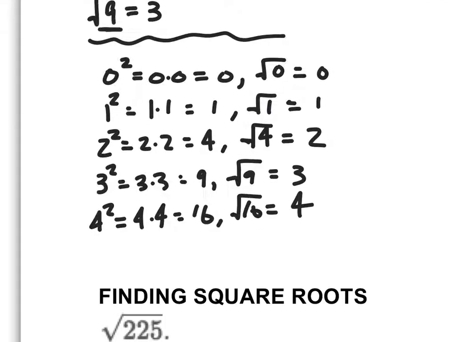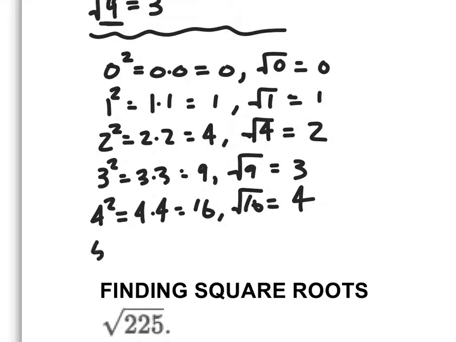5 squared is 5 times 5, which gives me 25, so the square root of 25 is 5.